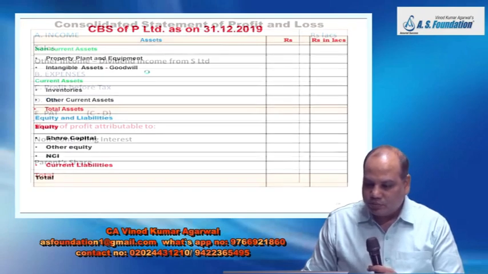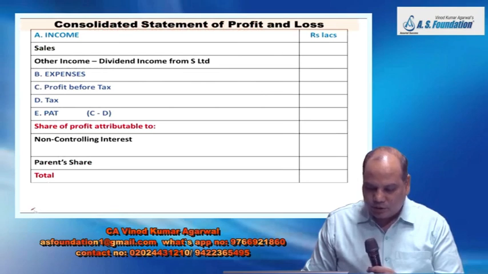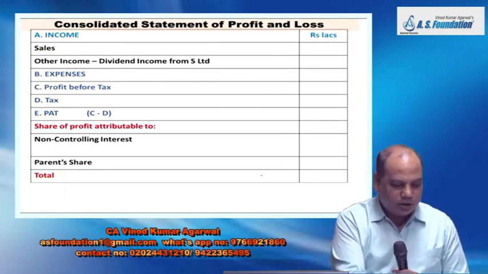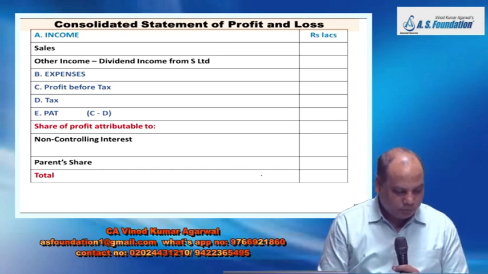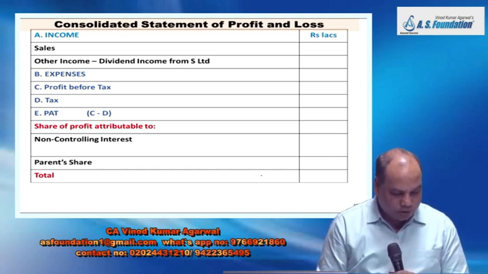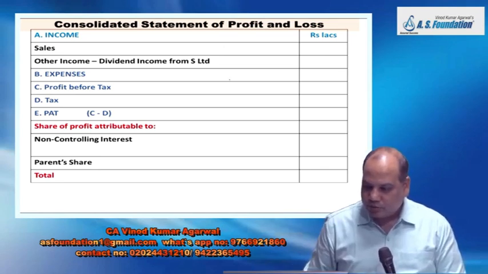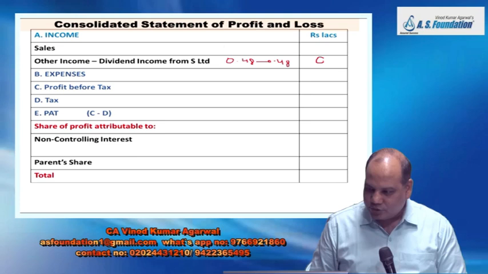So come to other income dividend. Just one adjustment I'll complete first. What is the other income appearing in the profit and loss? Dividend 0.48, and out of that you deduct 0.48. So this will become 0.